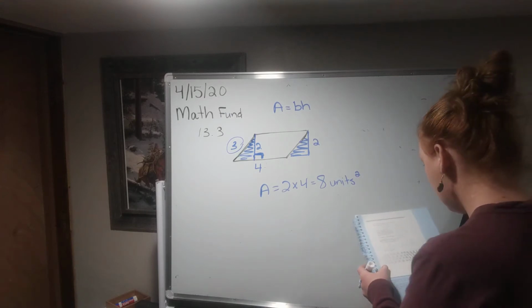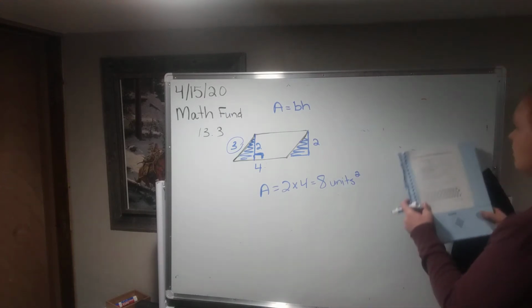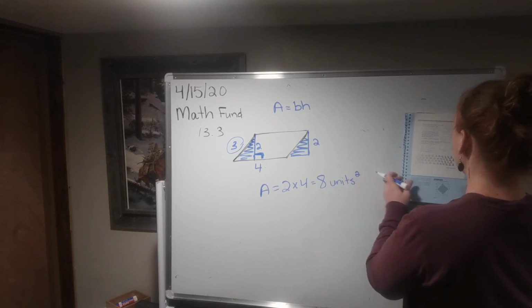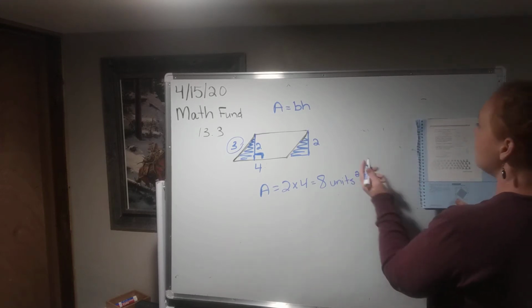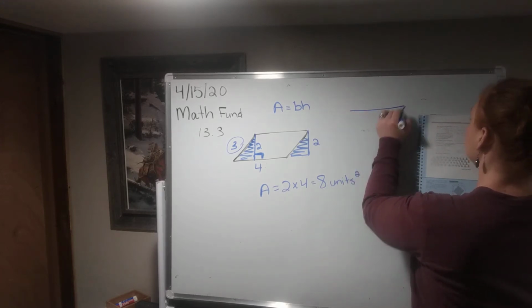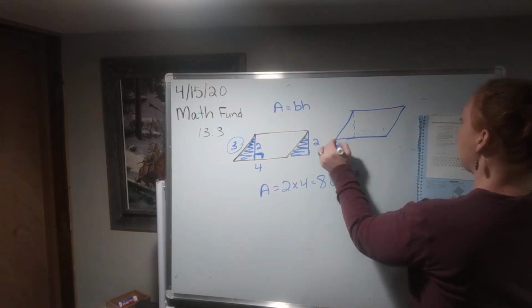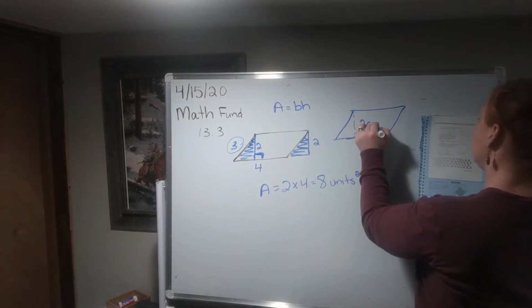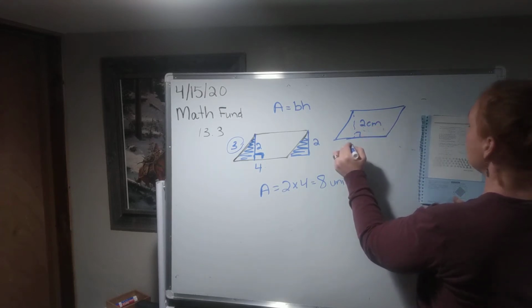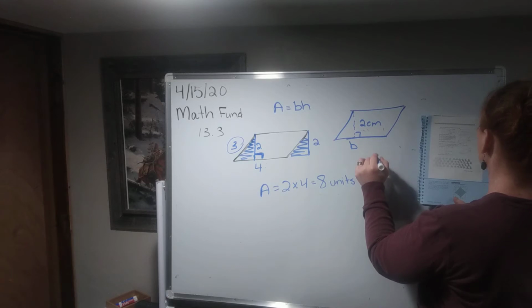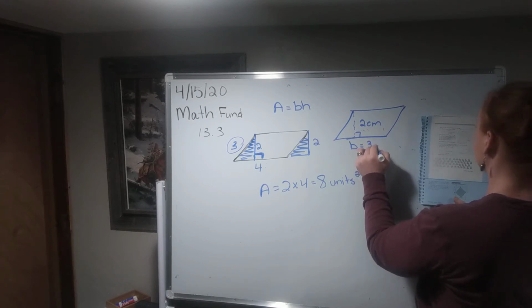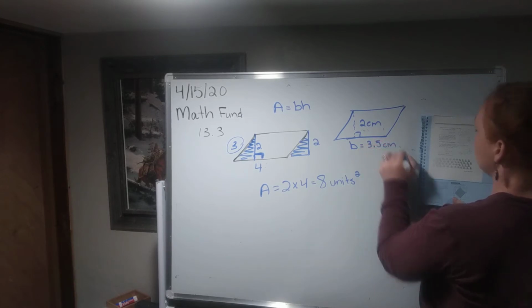So let's go ahead and look on page 375, and they give us a parallelogram, and they tell us that the height is 2 centimeters and that the base is 3.5 centimeters.